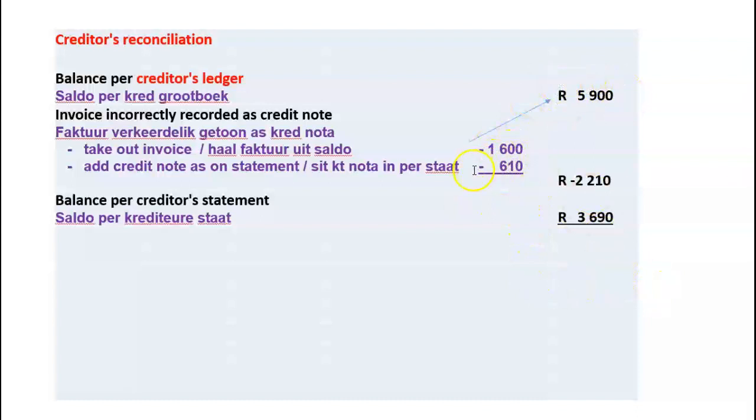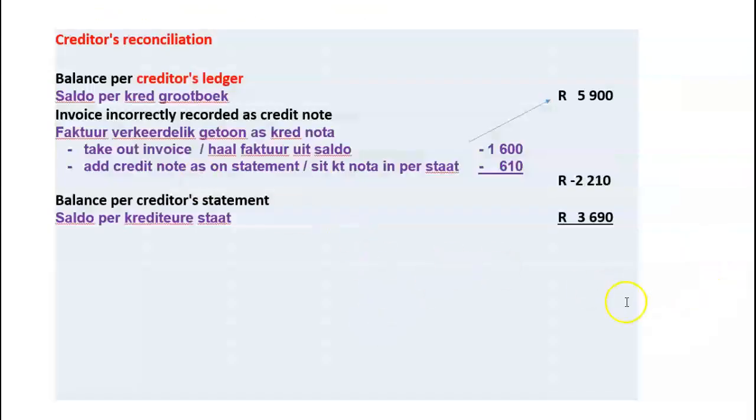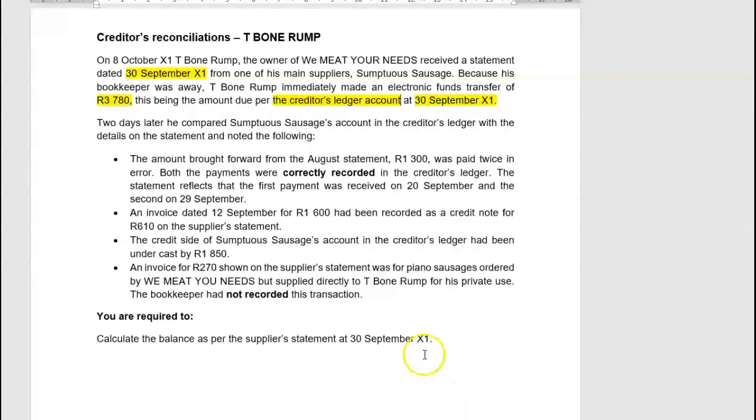I say again, we're never going to post this in our account because it's not right to post it, but we have to declare the reason why our account balance and the statement balance isn't the same. And one reason is that the statement balance was reduced with an amount of 610 Rand, which our balance hasn't been. So now artificially, we are going to decrease our balance as well with 610 Rand.